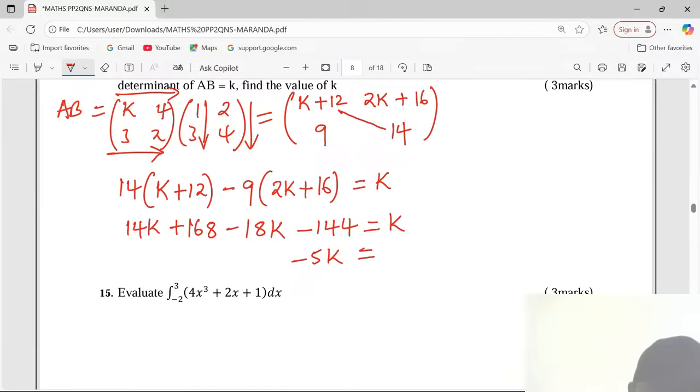It becomes positive 144 minus 168. That gives us 24. So the value of K shall be, negative 24, when we divide by negative 5, we are getting positive 4.8 as the value of K. 4.8 is the value of K.